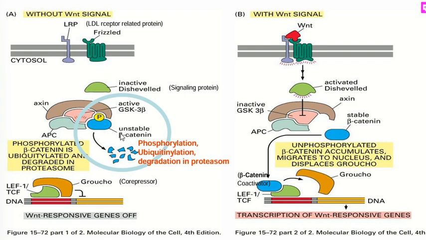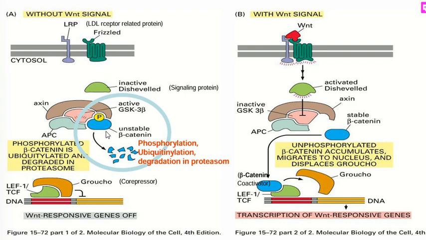Now, what is beta-catenin? Beta-catenin is the central effector protein of WNT signaling. When it is stabilized, it enters the nucleus and activates transcription, acting as a co-activator, not a DNA binding protein. Now, what does phosphorylation do?